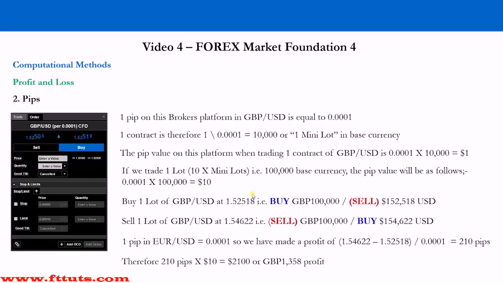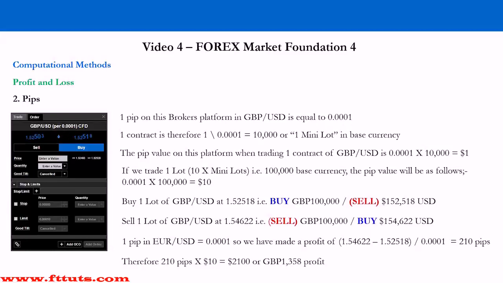Let's look at an example. Here we've got sterling US dollar, where 1 pip on this broker's platform is equivalent to 0.0001. You can see it here quoted on the screen.